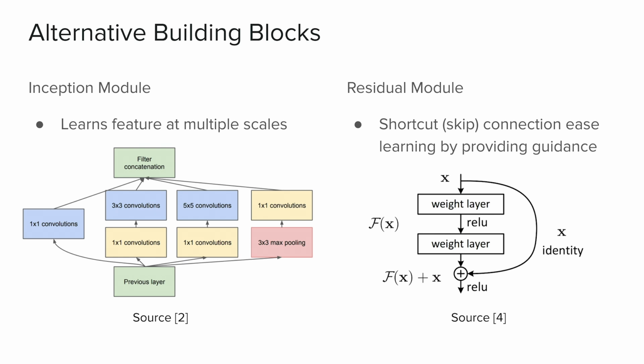There is also a really important module that is called the residual module, which has 2 convolutional layers behind each other. Basically, what you have here is a so-called shortcut.